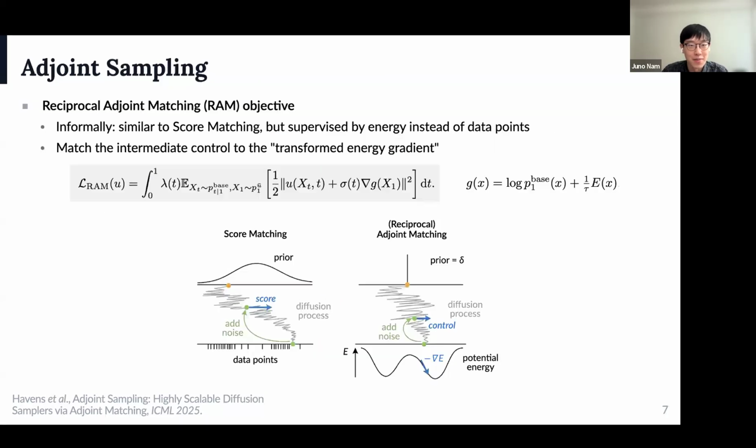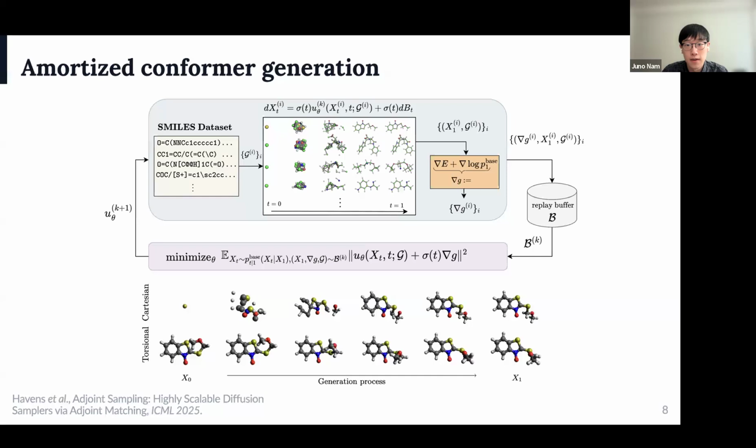Nevertheless, the adjoint sampling method has been applied to some chemistry applications where we essentially condition the control model on the 2D graph of the molecule. And we learned this sampler across different molecules just by using the energy function.